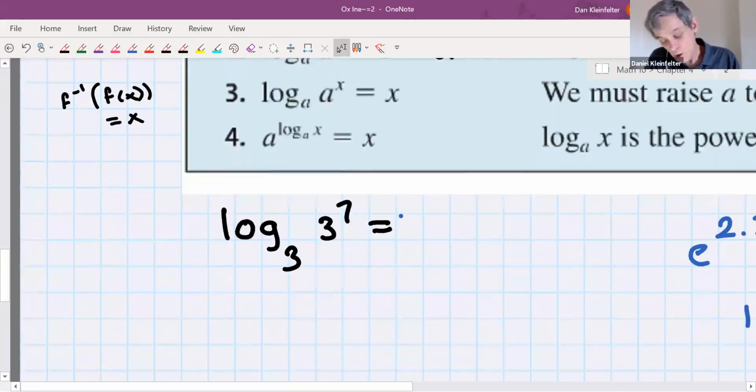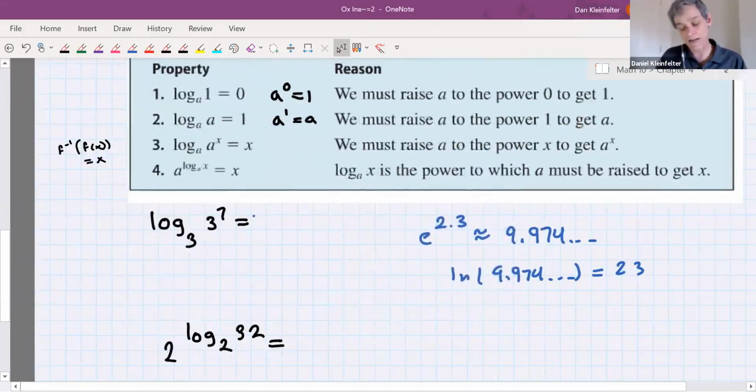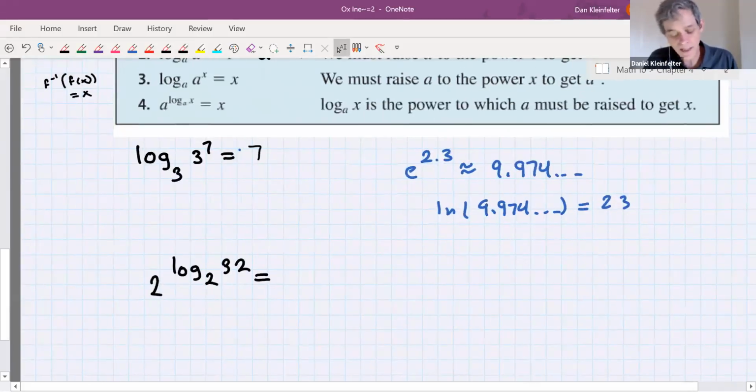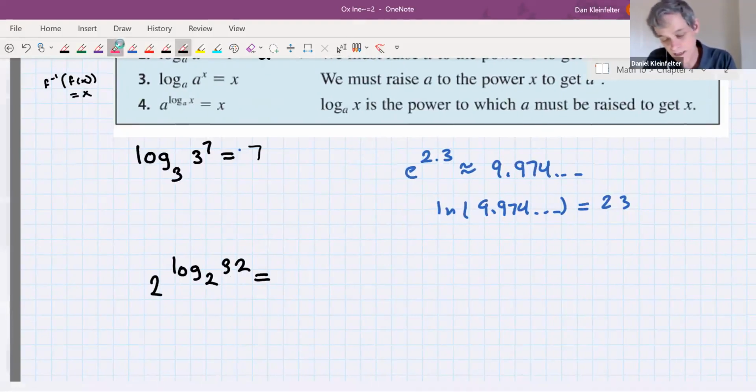Okay, so you get a couple of silly questions here. What power do you raise 3 to get 3 to the 7th power? You'd raise it to the 7th power, right? Okay, here, the base 2 logarithm of 32. This one we can actually think about a little bit more.